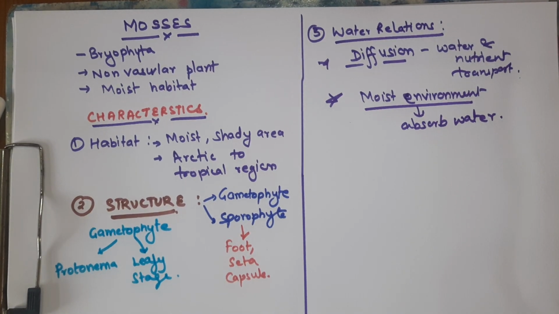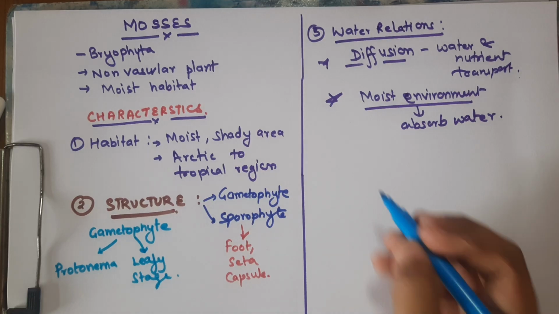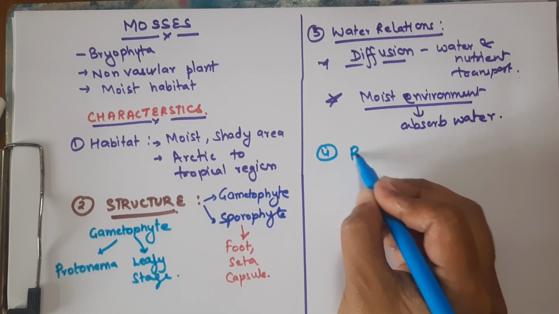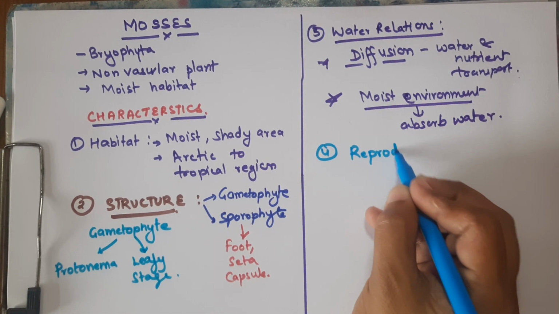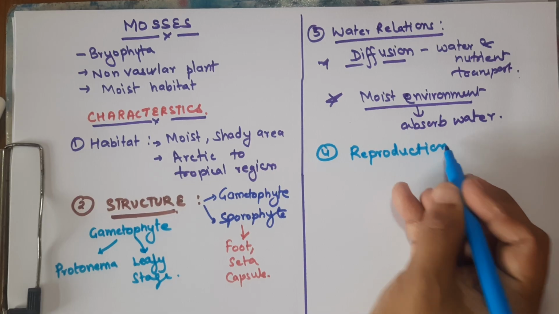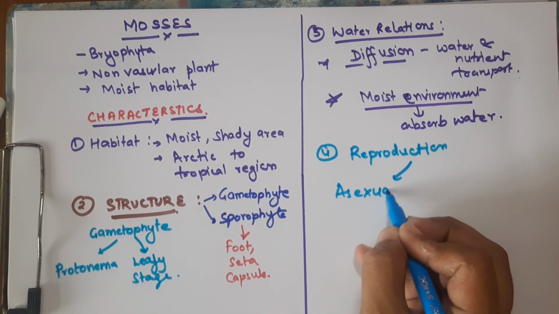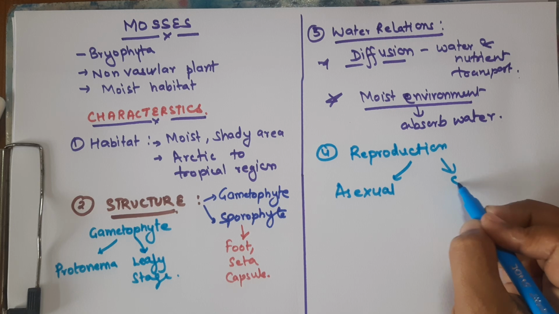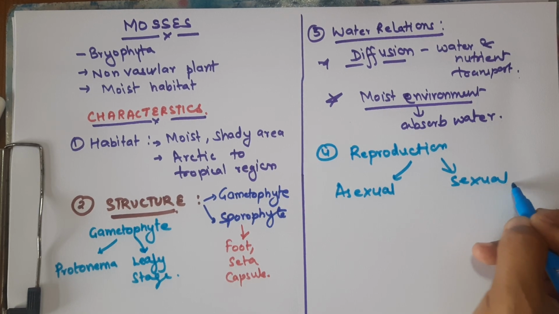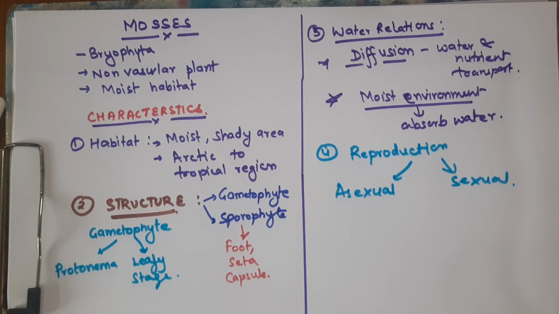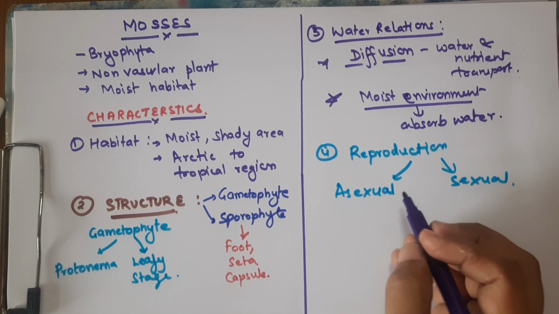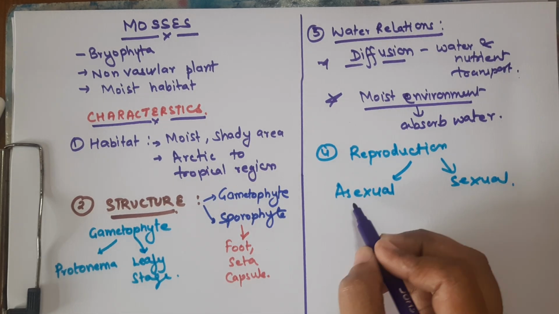Now if we talk about reproduction, both kinds occur in the mosses, the asexual one and the sexual one. Asexual reproduction includes fragmentation of the gametophyte or protonema.